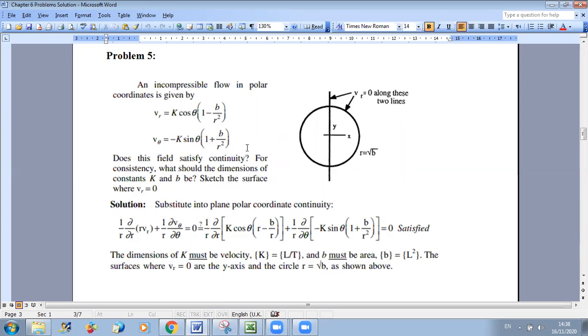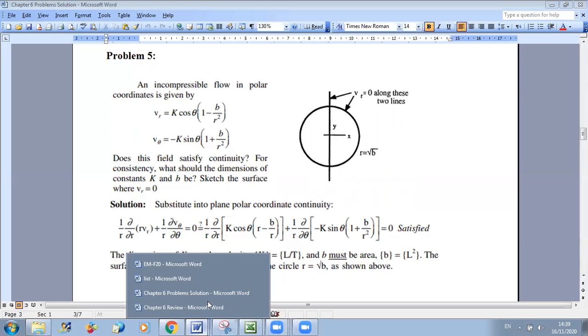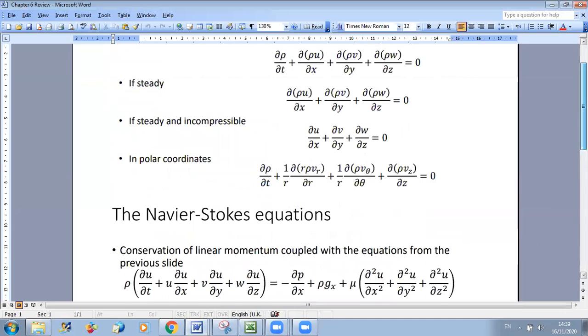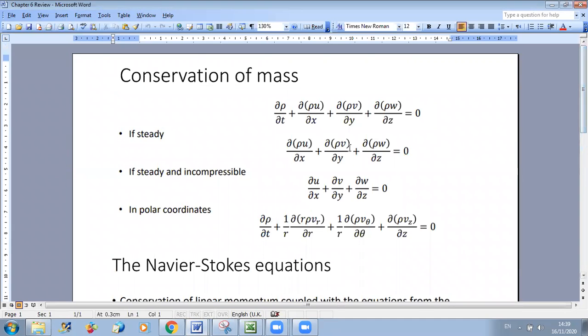So first, to verify that it satisfies continuity, since it's a steady flow, I will go to polar coordinates and look at the condition of continuity in steady state. If I go to my review sheet, let us go to the continuity equation in polar coordinates. It's here.